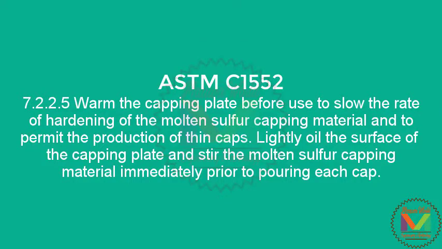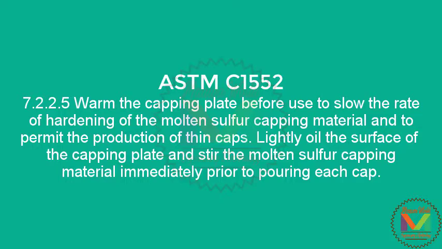As per section 7.2.2, capping using sulfur capping materials, we have to warm the capping plate before using it, to slow the rate of hardening of the molten sulfur capping material and to permit the production of thin caps. Lightly oil the surface of the capping plate.